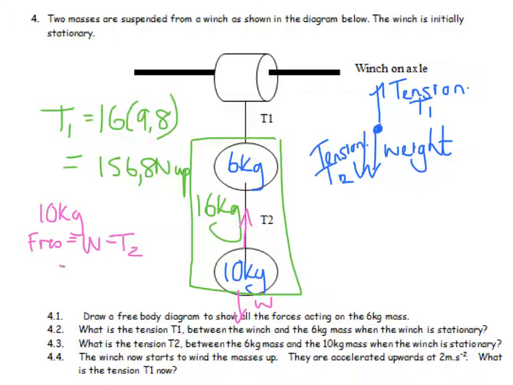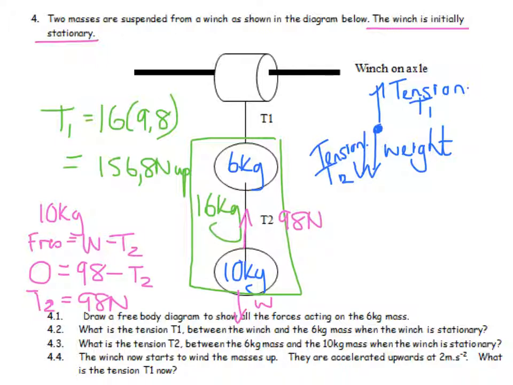And then we land up saying that we have got 98 newtons minus a tension that I don't know. But the force resultant is zero, this whole thing is standing still actually at this point. The winch is initially stationary. It may go downwards later. So I've done it that way around, and we land up with no resultant force, and therefore the tension is equal to 98 newtons.